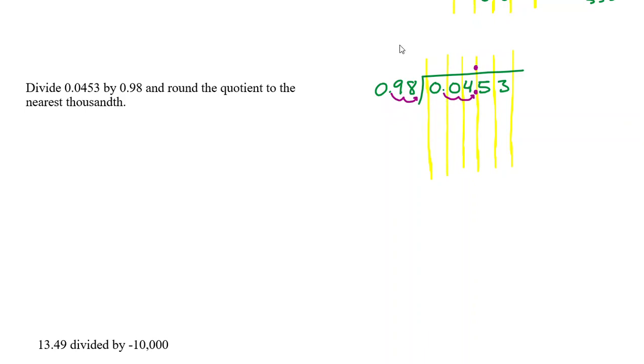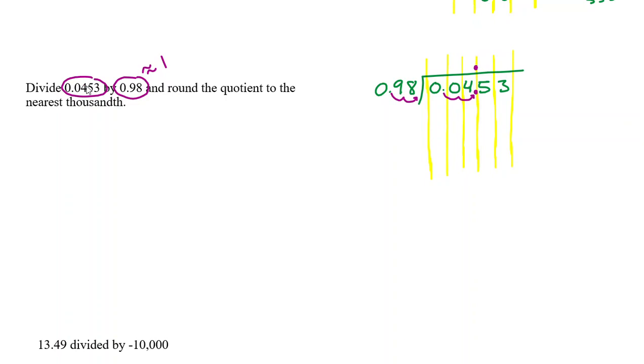Okay, let's go back to look at the problem first. Remember when we were multiplying, I said it was always a good idea to just kind of do an estimate here. So I'm dividing something by 0.98, but think about this, 0.98 is really close to 1, right? It's just 2/100ths away from 1.